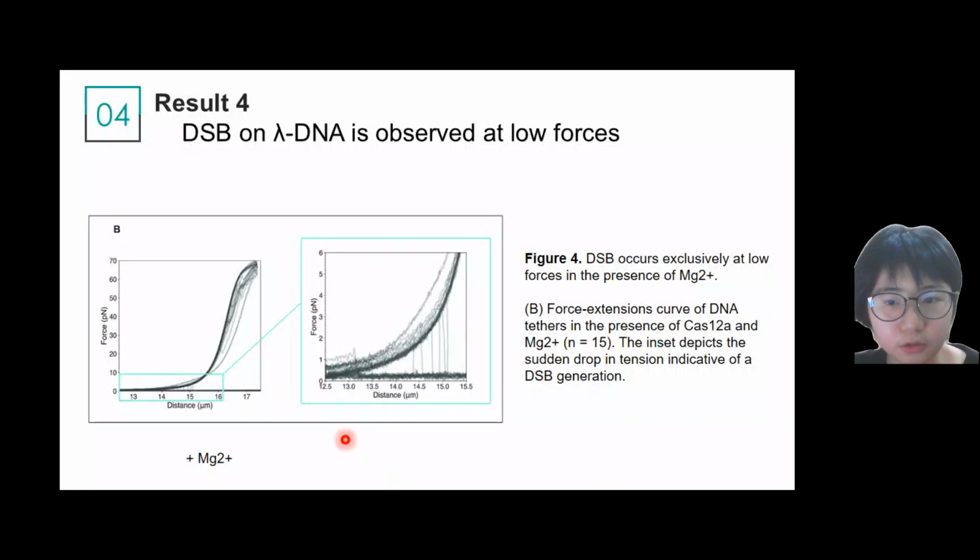In figure 4b, it is a condition with magnesium ions, and they observe the dropping force before a cycle completes, which means a DSB event. And this cleavage is at low force.